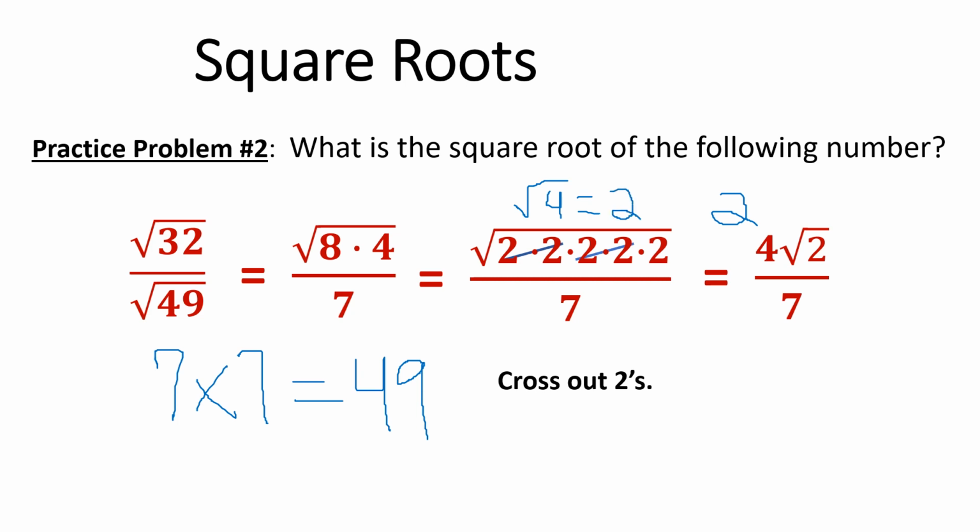Okay? So you have 2 times 2, because that's the square root of 4. But guess what? 2 times 2 without the radical sign becomes 4. You have one set of 2's left behind, and that set comes over here. Here's your answer: 4 times the square root of 2 over 7.